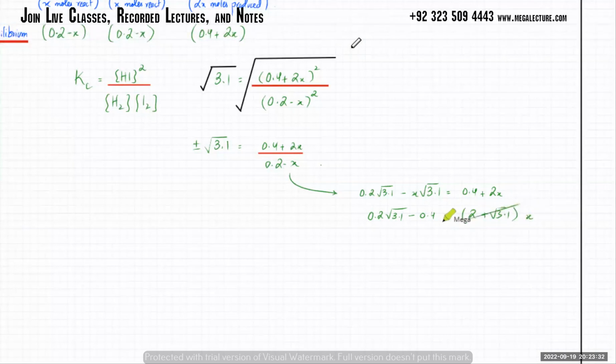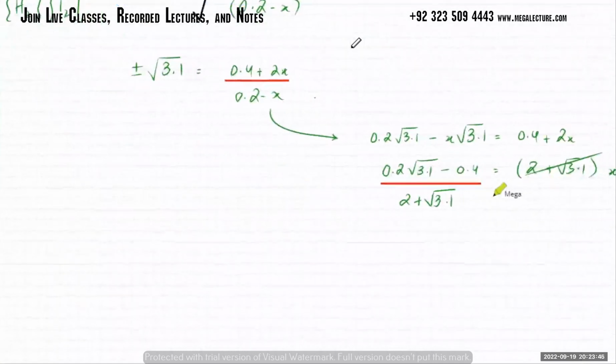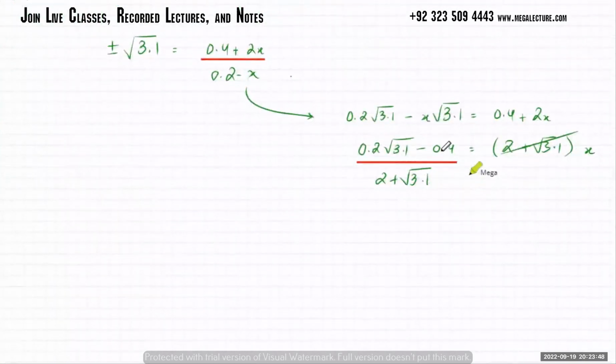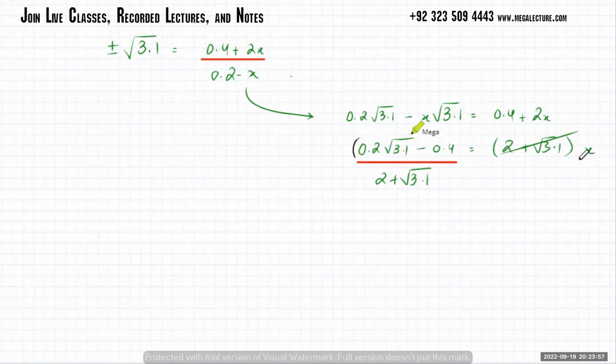You can just get rid of this from that side and divide it over here. So that will become 2 plus 3.1 under root. And this is what you have to solve. Can you try and solve this? What do you get? Make sure you use brackets in your calculator. Be very careful: put this in a bracket, then this whole thing is in a bracket, divided by this thing.